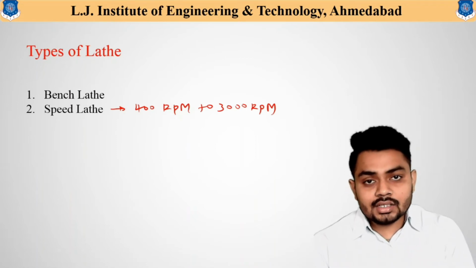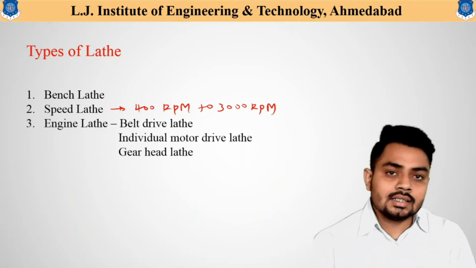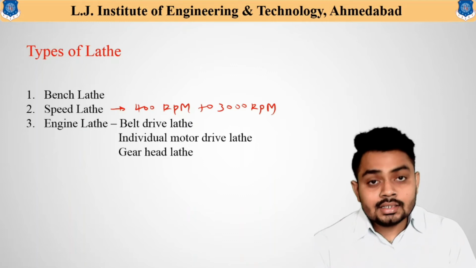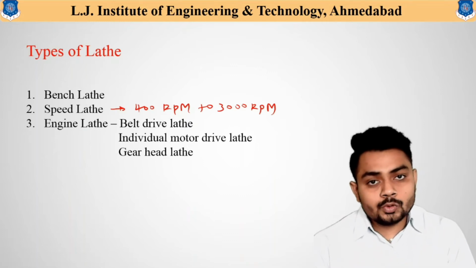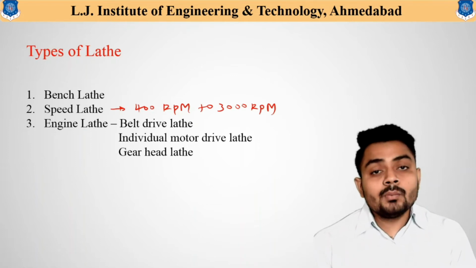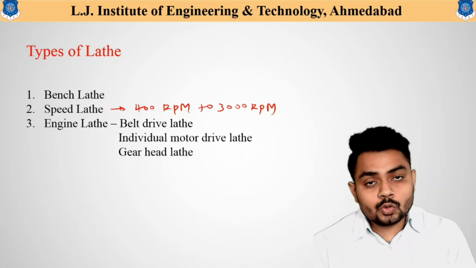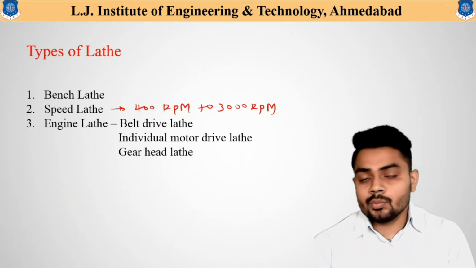Another one, and the most widely used nowadays, is the engine lathe. In the engine lathe, the major parts, that is the headstock, tailstock, tool post and lead screw, are all available, and other than these, many different attachments are also provided to carry out different machining operations.